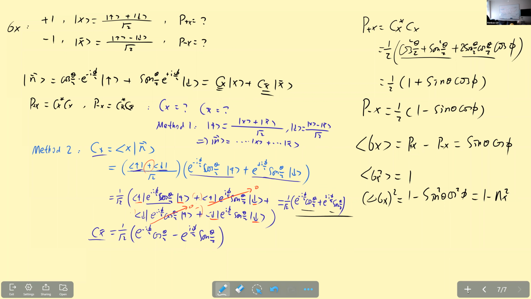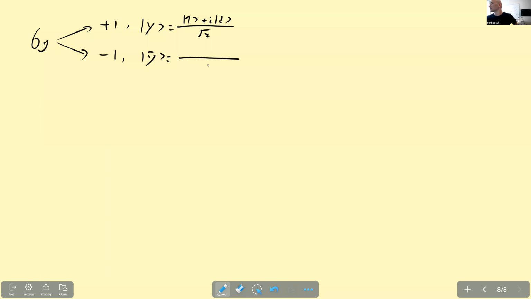Very similar, you can do the same thing for sigma y. So I will not repeat this one. For sigma y, you're going to have 2 outputs, +1 or -1. The states will be plus y equals spin up plus i spin down over square root 2, and minus y equals spin up minus i times spin down over square root 2, okay?